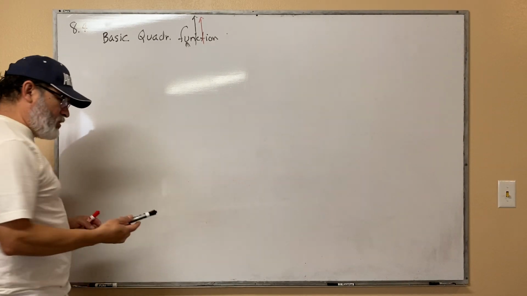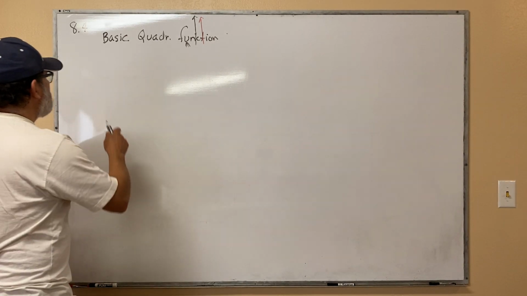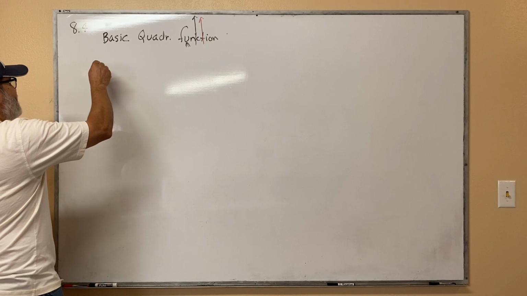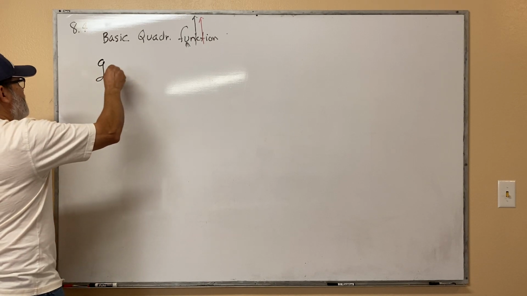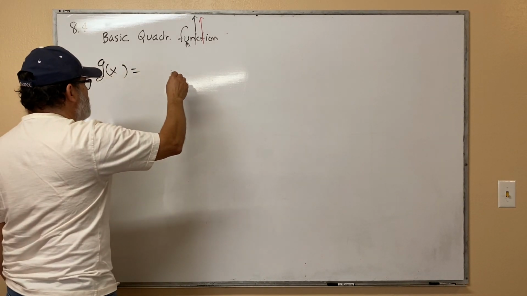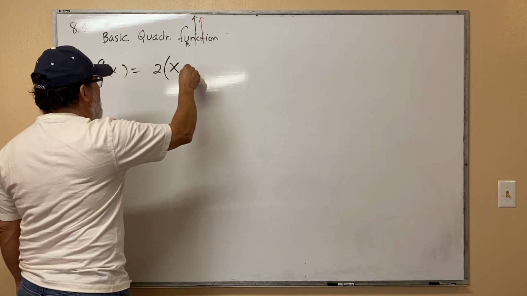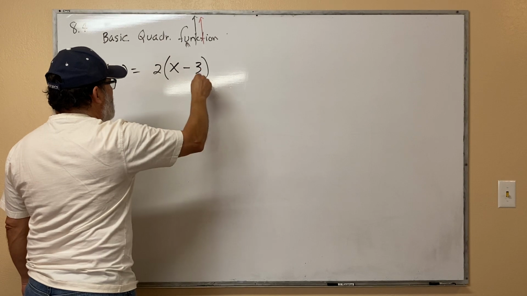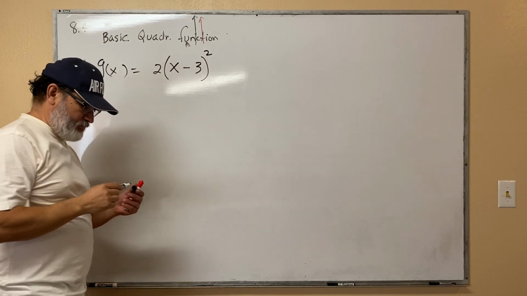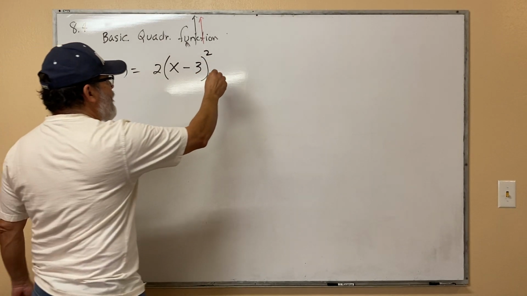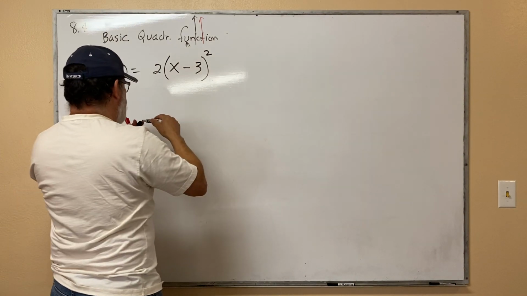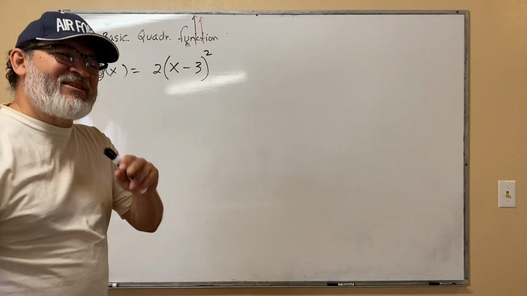So look at this parabola. G of x equals 2 times x minus 3 quantity squared. Let me make it easier.